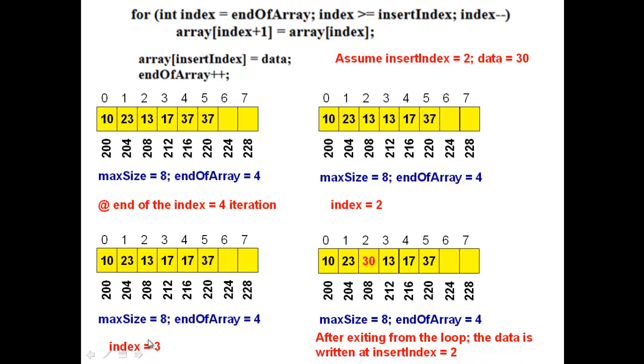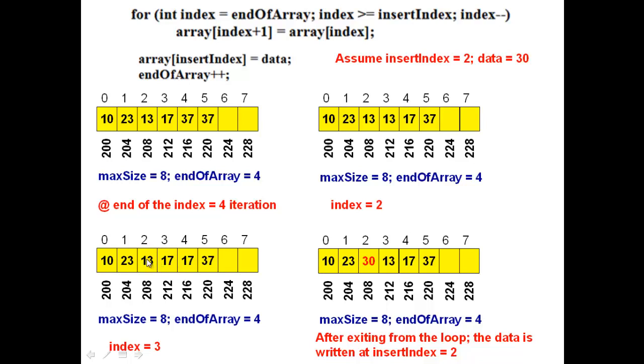So index is 3. We'll go back and decrement it. Yes, and then index becomes 2. Is 2 greater than or equal to insert index? Insert index is also 2. Yes, 2 greater than or equal to 2, still true. So come inside the loop and say array of index plus 1 equals array of index. So index is 2, index plus 1 is 3.